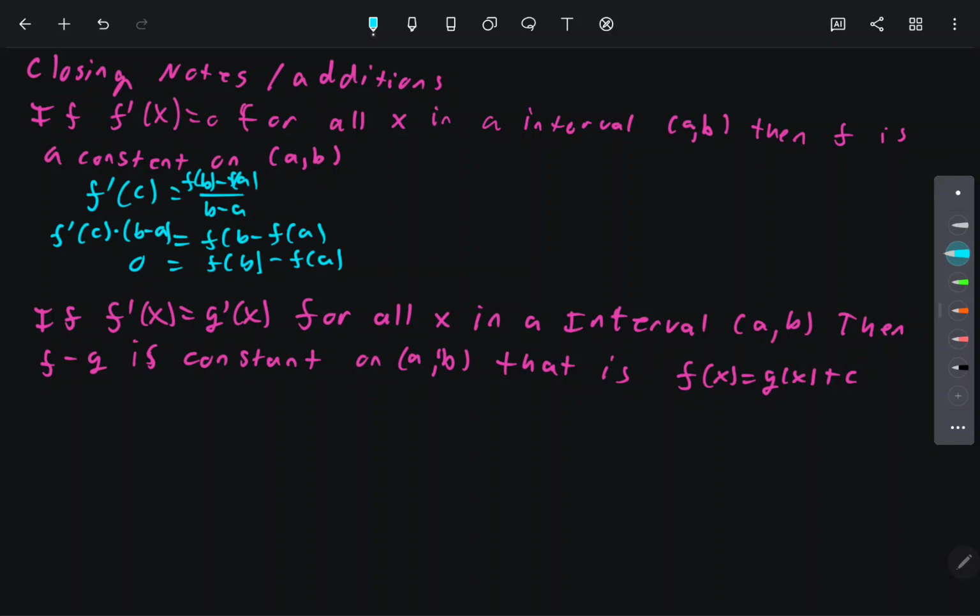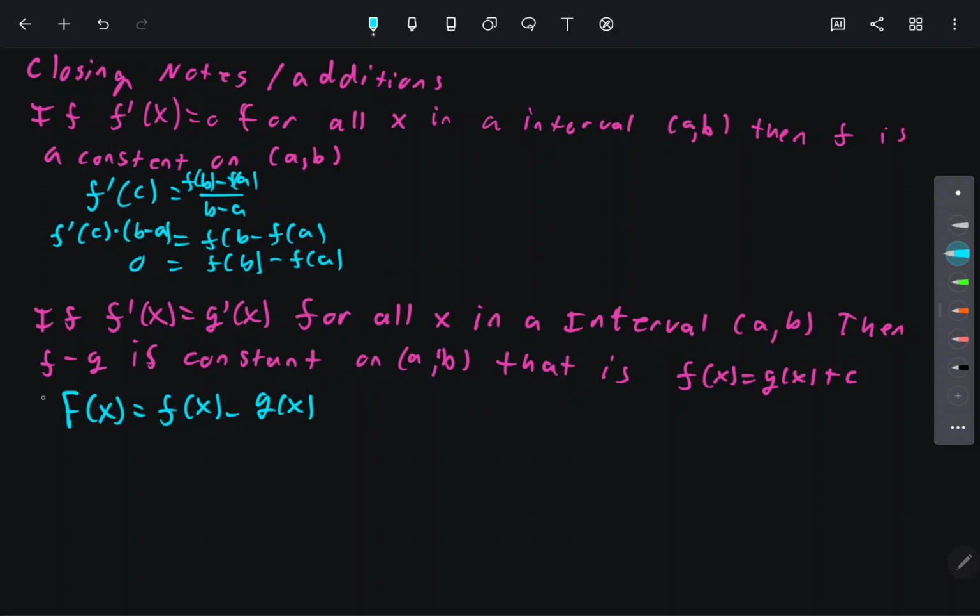And then if f prime of x is equal to g prime of x for all x in the interval from a to b, then f minus g is constant on a to b. That is, f of x is equal to g of x plus c. So we are going to find a new function here, capital F of x, that is going to be equal to f of x minus g of x.